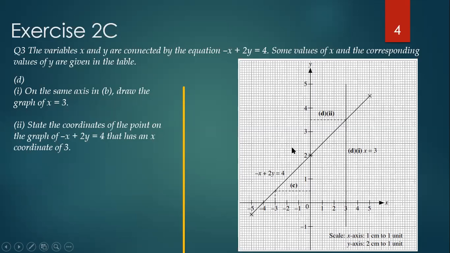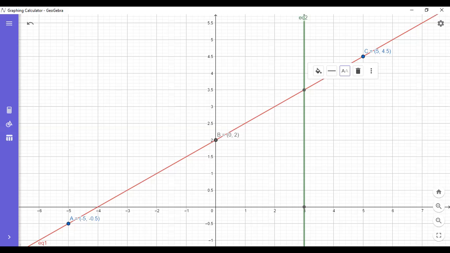So from here to here, you have to calculate. Okay, so let's go back to GeoGebra and see that. Okay, here, this is x equals 3, and this is my slope, and it is meeting on the y-axis at 3.5. That's the point of intersection.